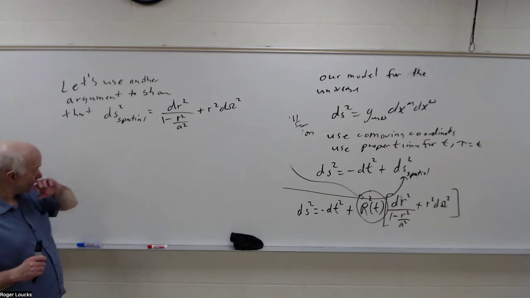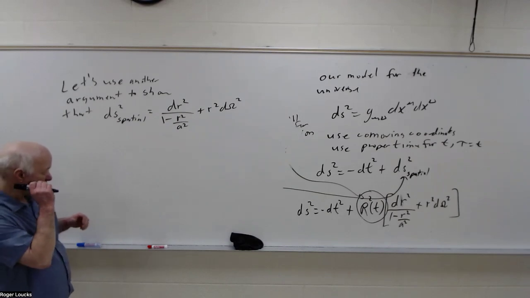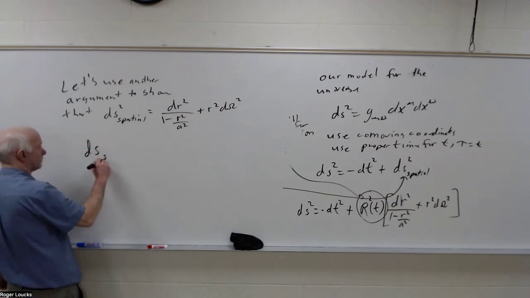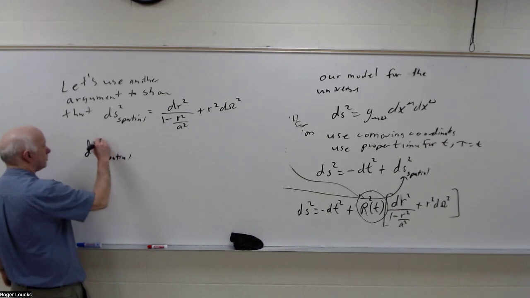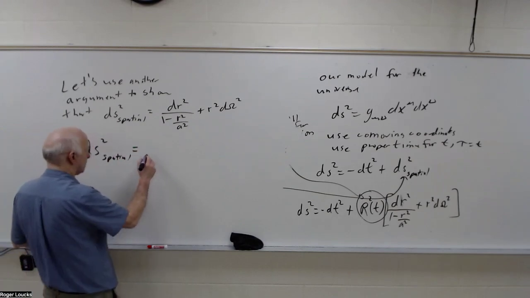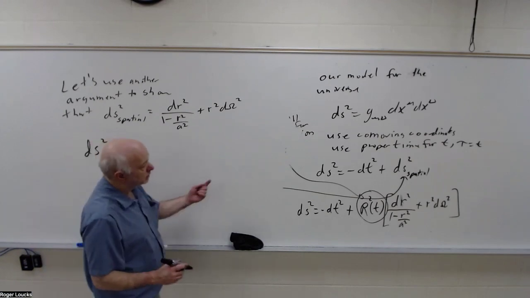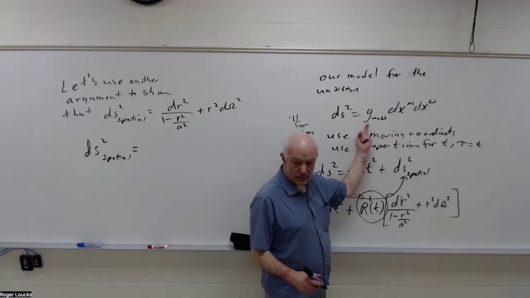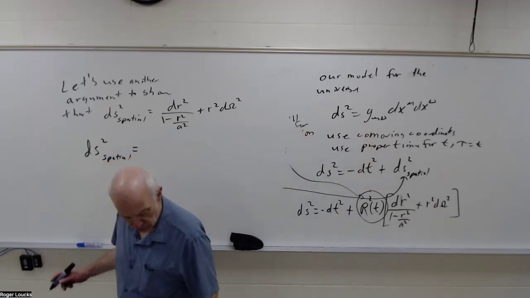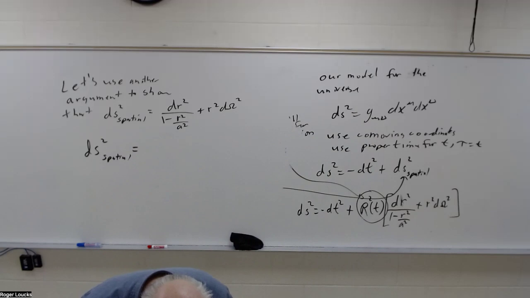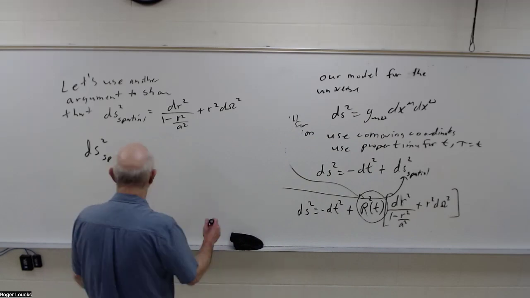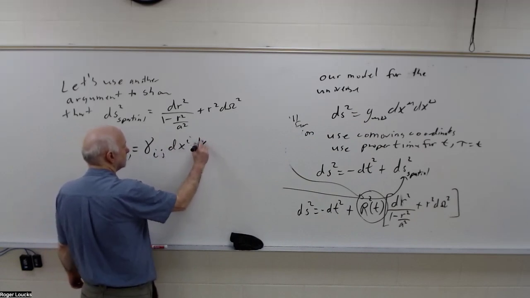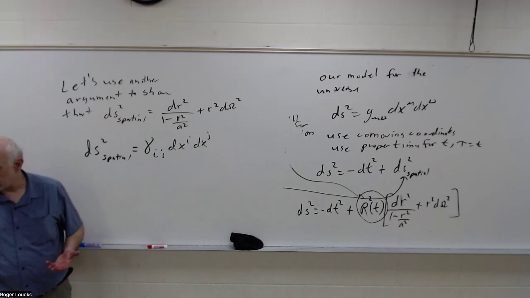We're going to do a number of things for this. Where's the best place to start? In general, we're going to say the spatial part here is going to equal, instead of writing it like this, what Carroll does. Carroll's actually going to call this gamma ij dx^i dx^j, because again, we're only looking at the spatial piece.